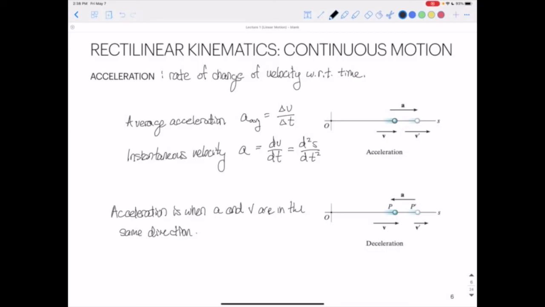Acceleration is working against the motion of the particle. So we'll define deceleration is when A and V are in opposite directions.